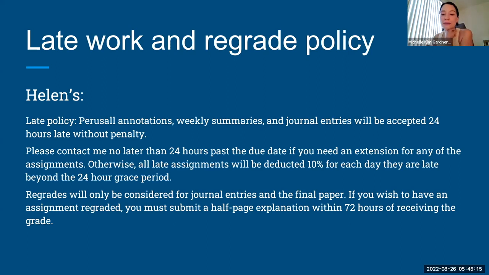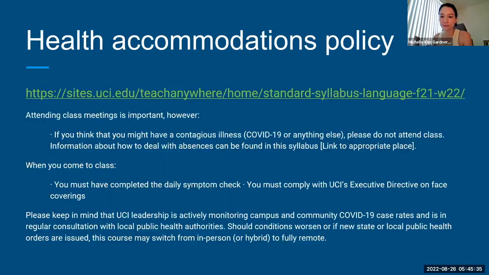Otherwise, all late assignments will be deducted 10% for each day they are late beyond the 24-hour grace period, and that regrades will only be considered for journal entries and the final paper. Any student wishing to have an assignment regrade must submit a half-page explanation within 72 hours of receiving the grade.